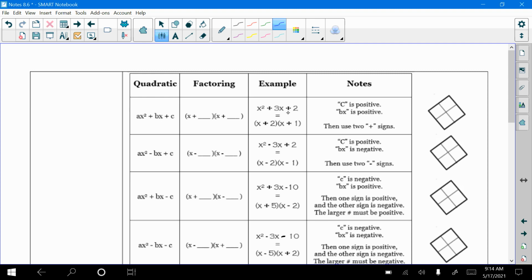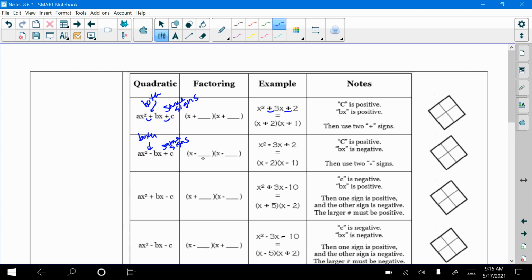So if this is positive and this is positive, in both of my parentheses it is going to be positive, because it means same signs, both positive. However, this next one says same sign, but both are going to be negative.